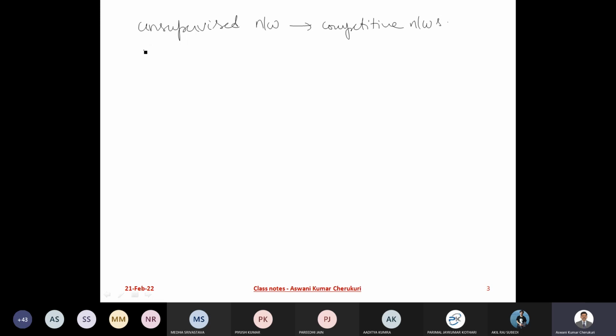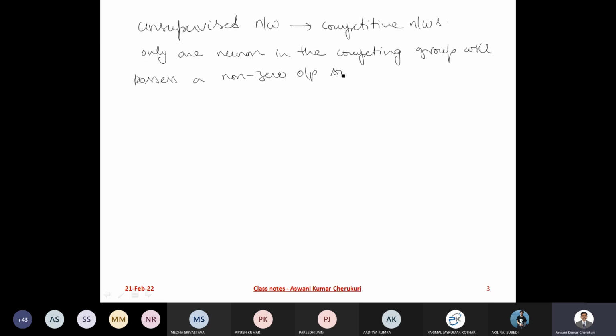Here, only one neuron in the competing group will possess a non-zero output signal at the end of computation. The rest will have zero signal.